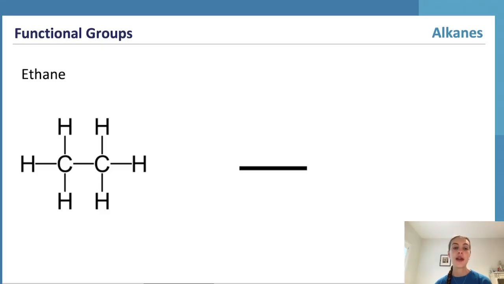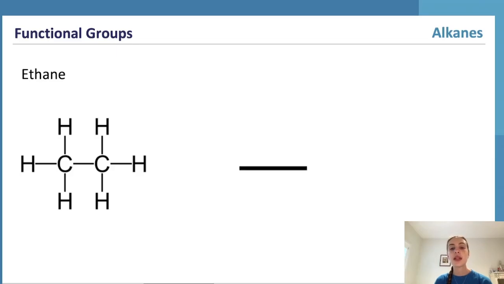So on the left, we've got the structural formula, and then we've got the skeletal formula. The structural formula shows each individual atom and how it is bonded to every other atom, whereas the skeletal formula shows this but without any letters to specifically denote what these are.